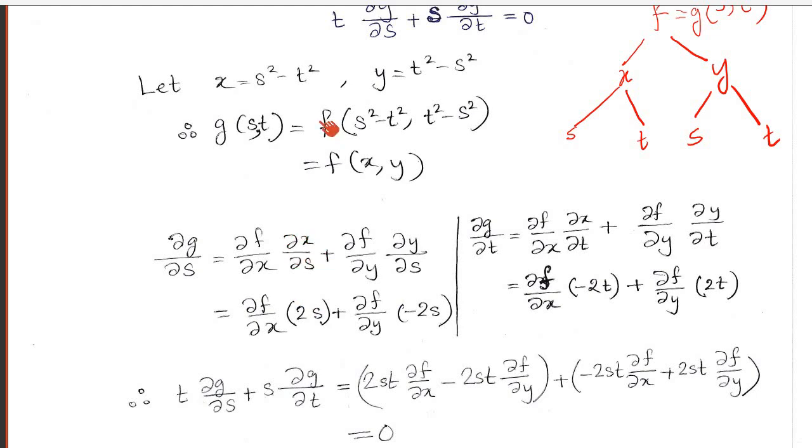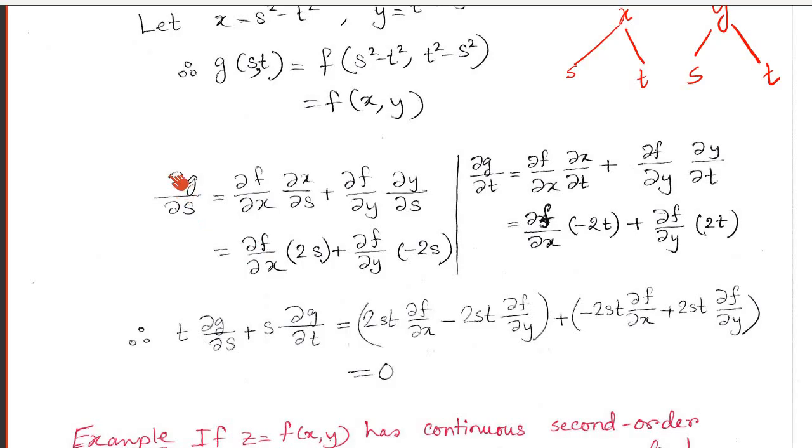Derivation of x with respect to s is twice s minus 0. Derivation of y with respect to s is 0 minus twice s. Derivation of x with respect to t is 0 minus twice t. Derivation of y with respect to t is twice t minus 0, twice t.